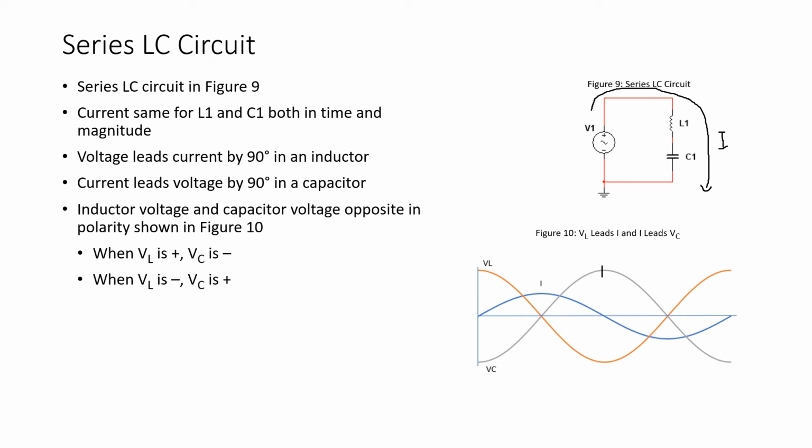Now, looking at this plot in figure 10, note that when the inductor voltage is a positive maximum, the capacitor voltage is a negative maximum. And of course, when the capacitor voltage is positive, the inductor voltage is negative.